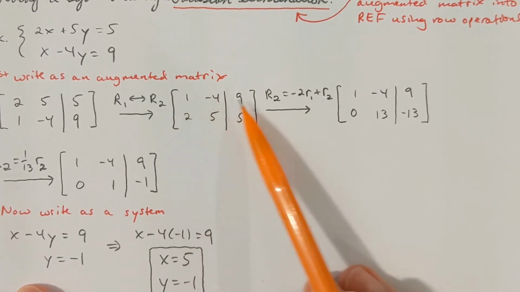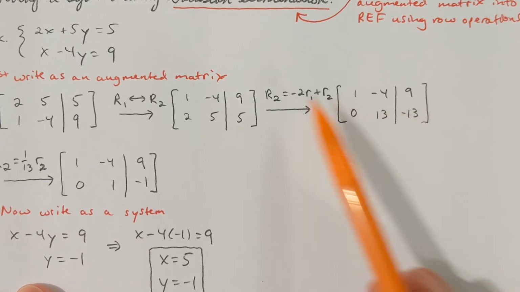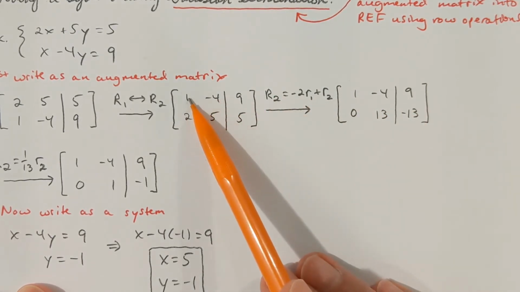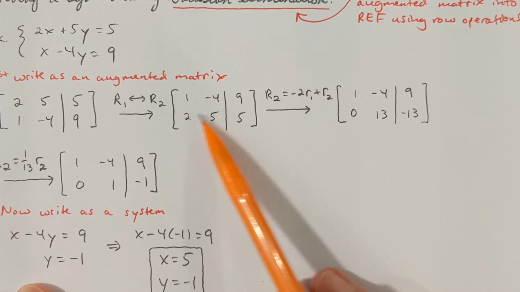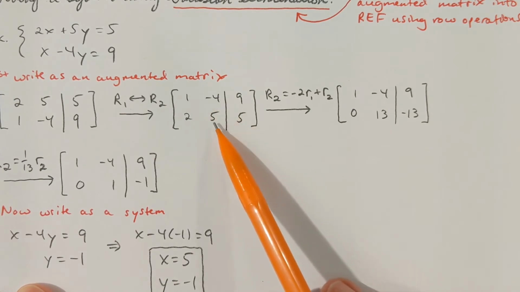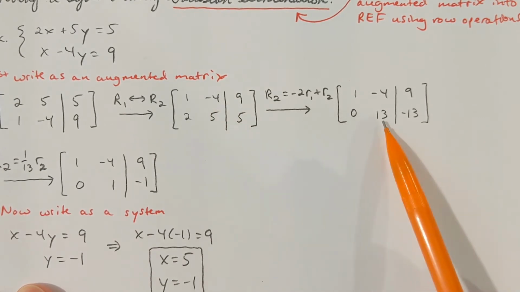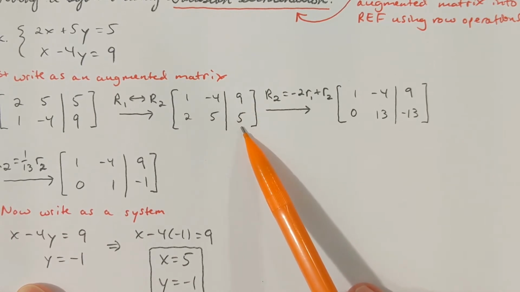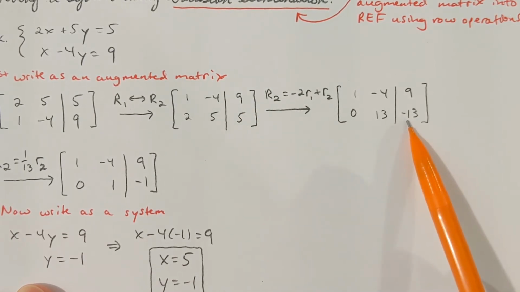Row 1 is going to stay as is, and I'm going to get a new row 2. Negative 2 times 1 is negative 2, plus 2 is 0. Negative 2 times negative 4 is 8, plus 5 is 13, and then negative 2 times 9 is negative 18, plus 5 is negative 13.